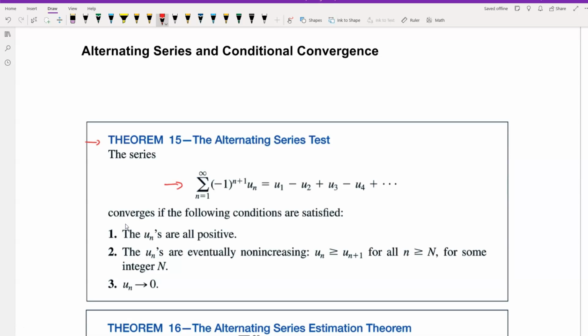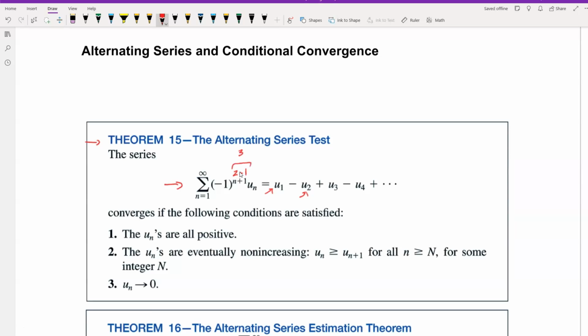This is equal to, so starting from 1 for n, we're going to have u sub 1, and the coefficient of u: here we have (-1)^(1+1), so we're going to have (-1)^2, that will be positive. The next one, n equal to 2, so we have u sub 2, and then here we will have 2 plus 1 for the power, so that is 3.